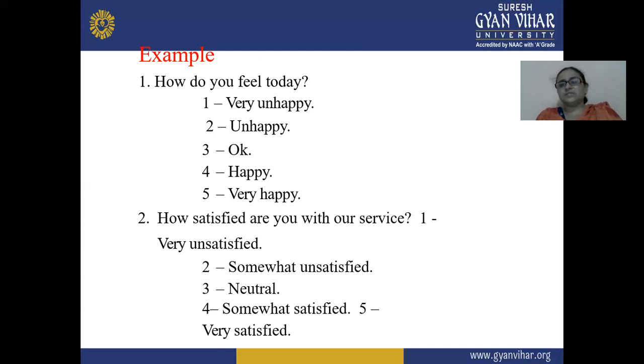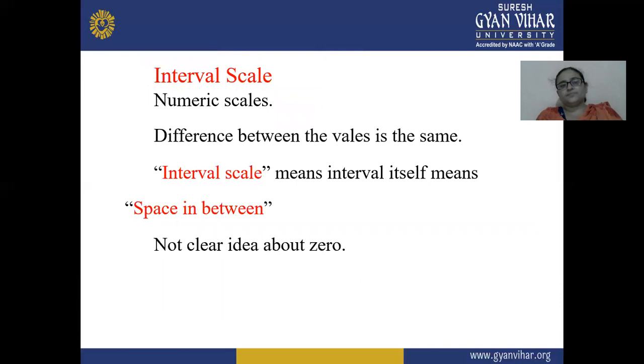Now we will discuss the third scale, interval scale, a numeric scale. The difference between the values is the same. Interval itself means space between, with no clear idea about zero.